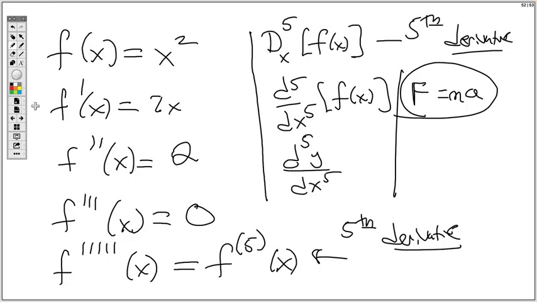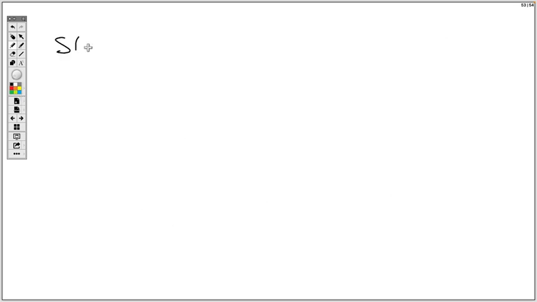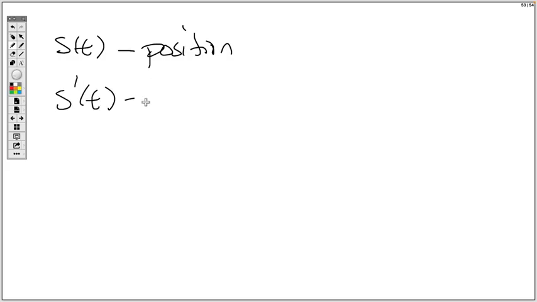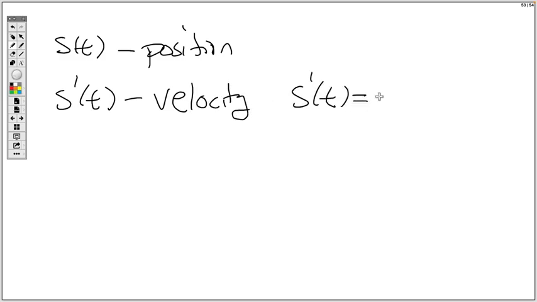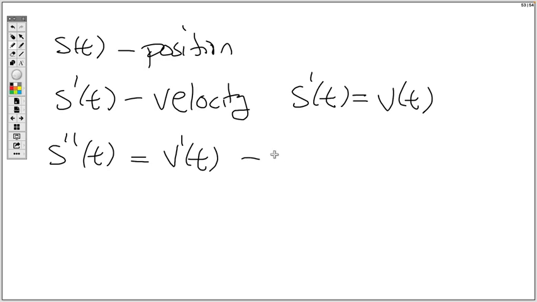So if you have your position function, the derivative of that, as we talked about yesterday, is velocity. The second derivative of position, which is the first derivative of velocity, that's acceleration.